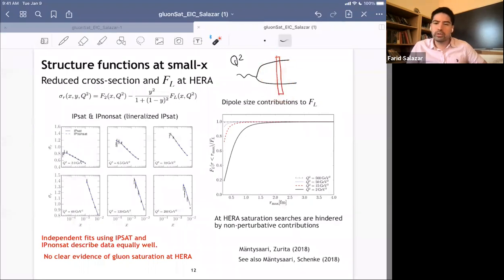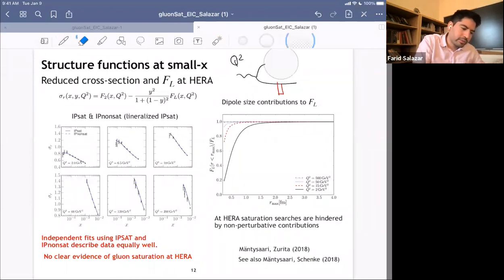Okay, so you may say, why don't you just go to larger Q square so that you constrain these dipoles? Well, if you go to larger Q square, then you won't be much sensitive to saturation, right? So you have to play this kind of game in which you have to probe scales... So this is a little bit schematic, but let me work in coordinate space. This is the resolution of your probe.